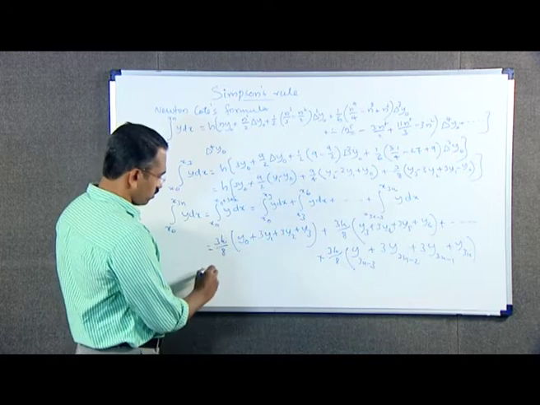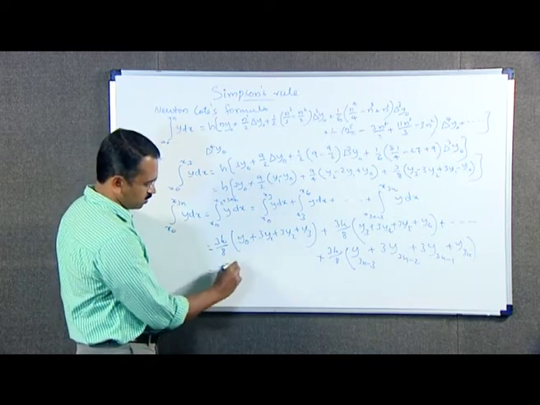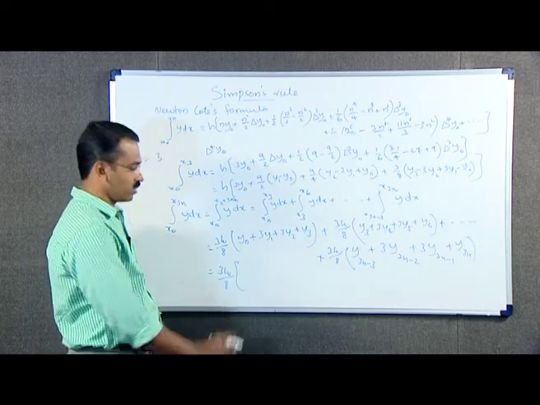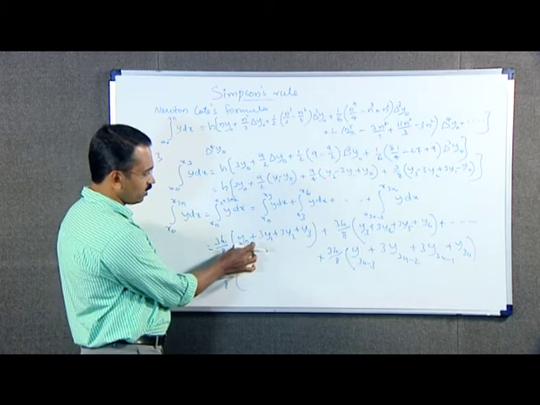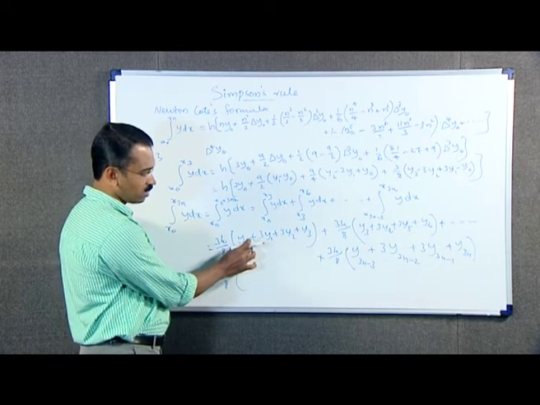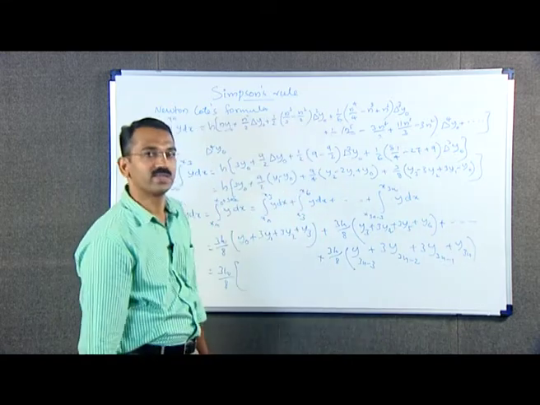This is equal to 3h by 8, which is common, into y naught and y3n, the last term, each appearing only once.